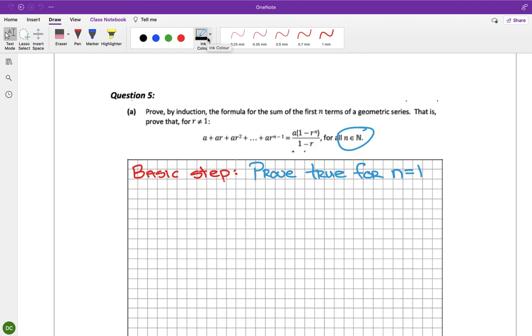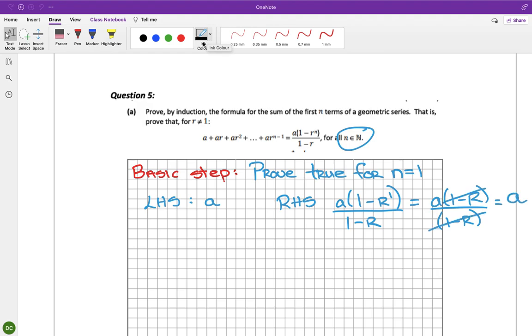So with n equal to 1, the left hand side is a, and we take the right hand side and let n equal to 1. So r to the power of 1 is just r, and then they cancel and you get a. So the left hand side equals the right hand side.